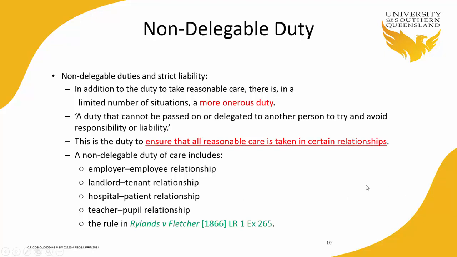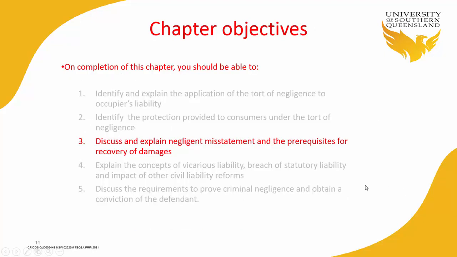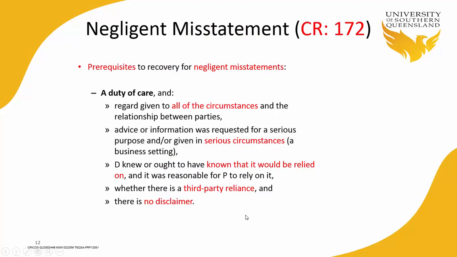Alright, so let's then move to our third objective, which asks us to discuss and explain negligent misstatement and the prerequisites for recovery of damages. So our starting point is going to be on page 172, and in order for us to make this cause of action, which is again something related to negligence, you will have to go through the analytical structure that's given to you on page 177.